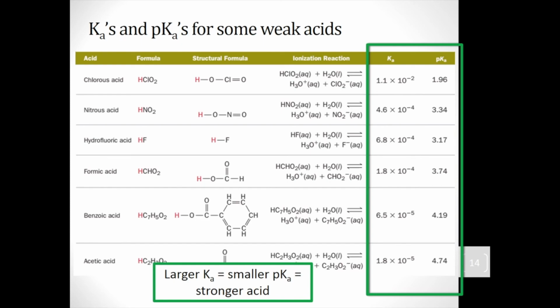So chlorous acid, it would be considered a weak acid, but it is stronger than benzoic acid, which is almost at the bottom, right? 10 to the minus 2 versus 10 to the minus 5. Look at the pKas though. Chlorous acid is 1.96, benzoic acid is 4.19, right? That, because of the log, is an inverse relationship. So a larger Ka means a smaller pKa, and they both mean a stronger acid.